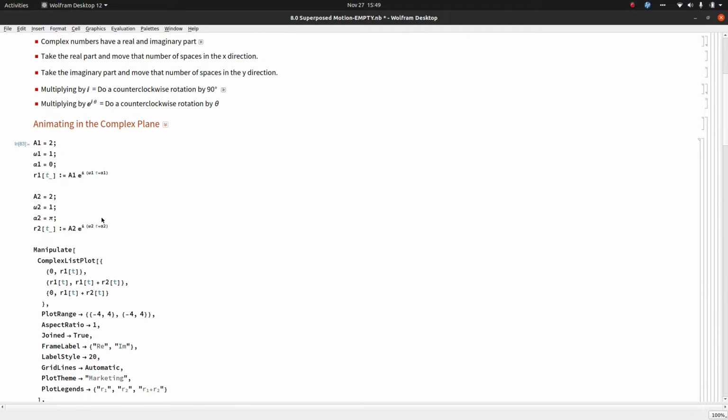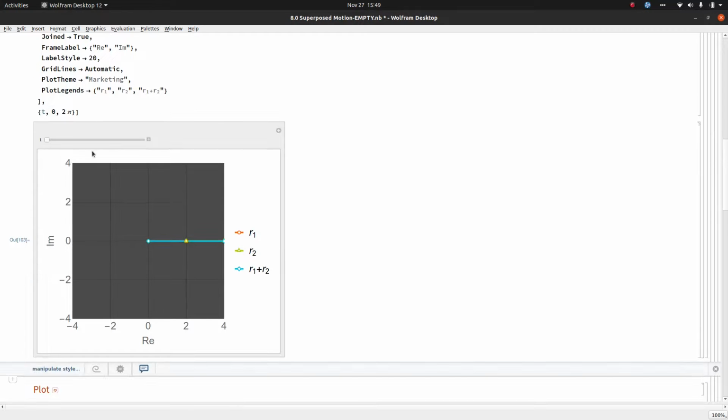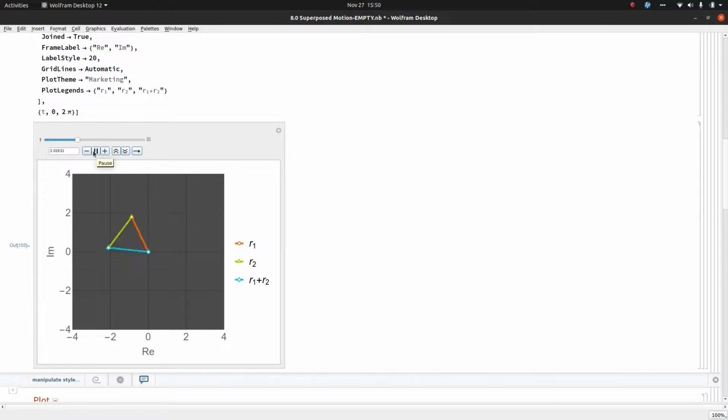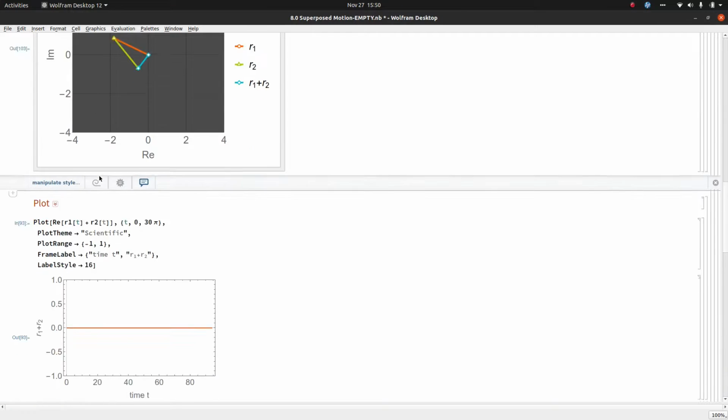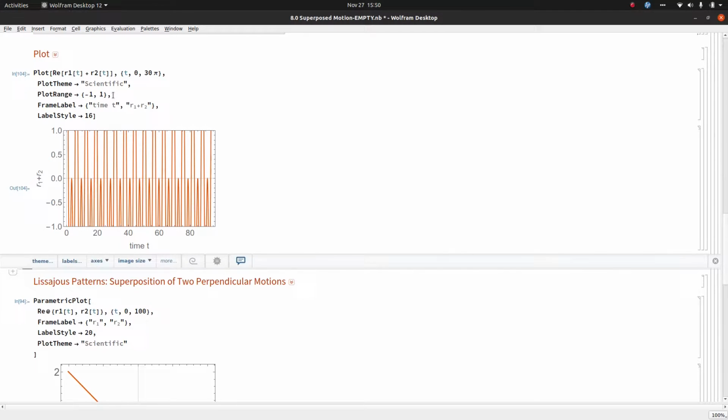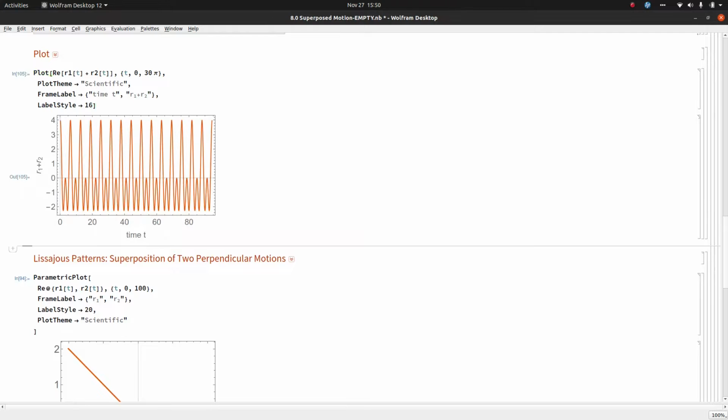What about if we start moving at different frequencies? So let's say one is moving at twice the frequency of the other. We have seen this before. You can see what shape that blue curve is tracing out. Let me get rid of my plot range since I don't need it anymore.